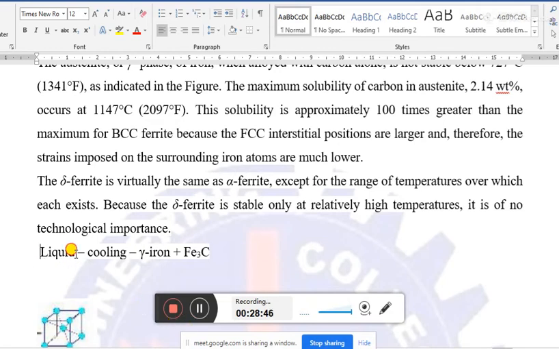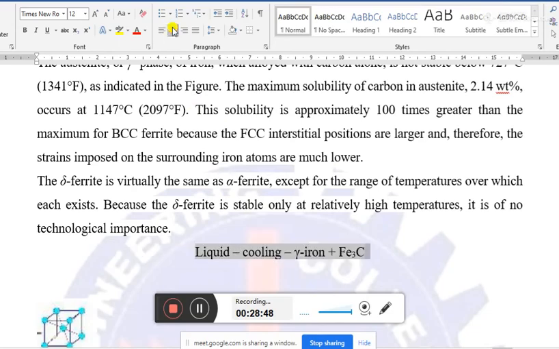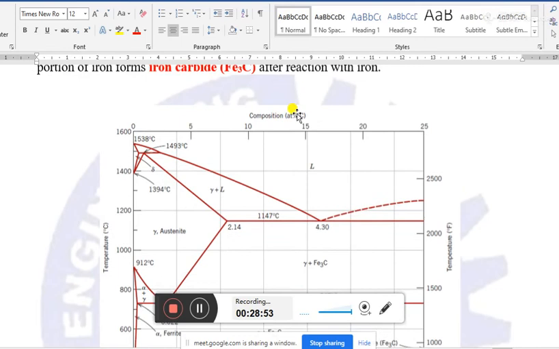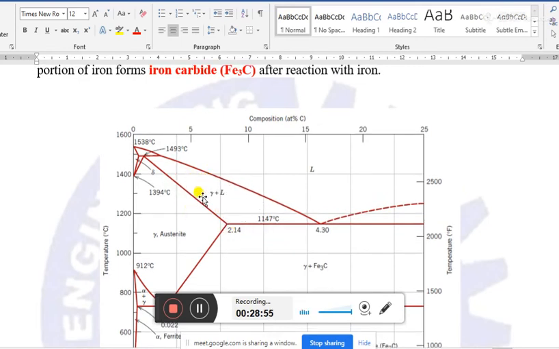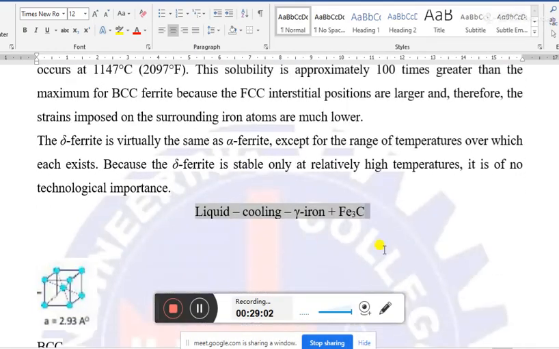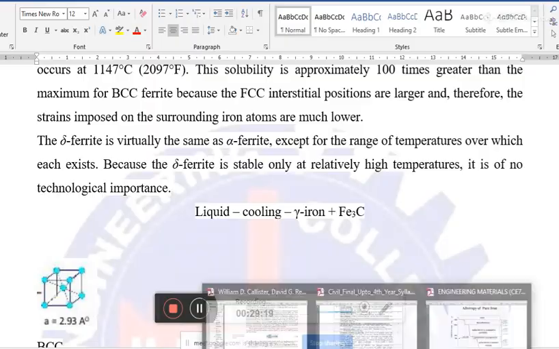This is the equation form of the last part, when there is a mixture of gamma iron and liquid iron. If the gamma iron and carbon mixture is heated up, then that will be made liquid, and if liquid iron is cooled, then there will be a mixture of gamma iron and iron carbide.